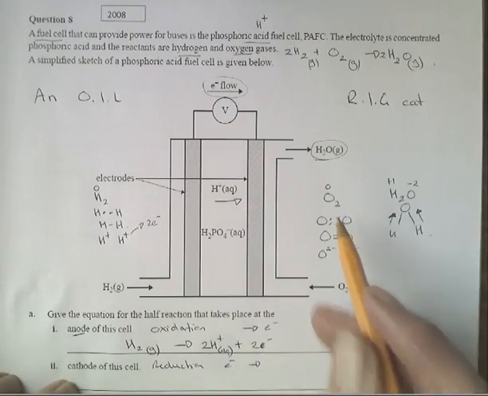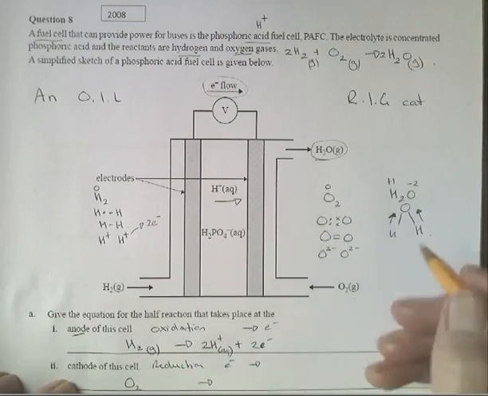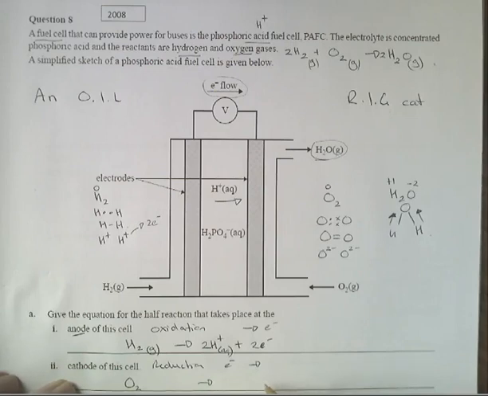Alright, so the oxygen is getting the electrons, and it could have been oxygen ions that were formed, but it's water. It's always water for these. So you've got 2 oxygen atoms, so therefore you need 2 water molecules, which means that you've got 4 hydrogens, so you're going to balance those by adding 4 hydrogen ions over here and 4 electrons.